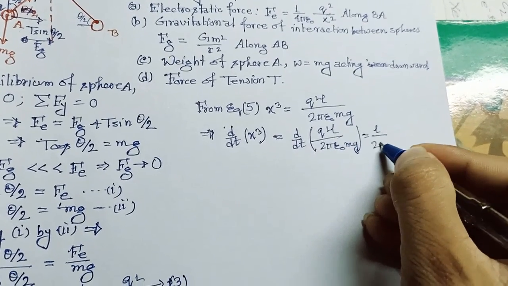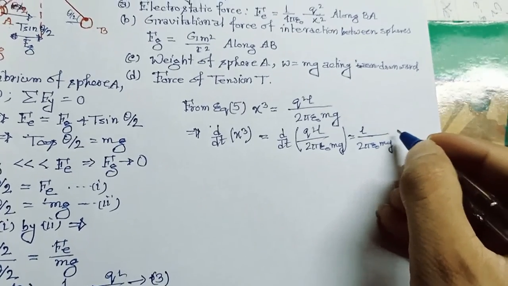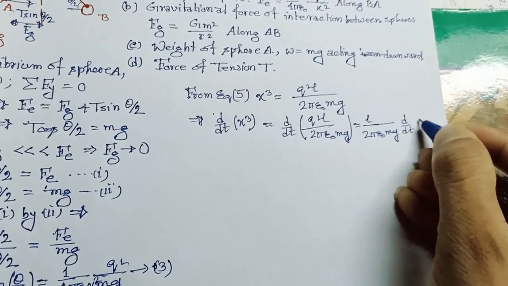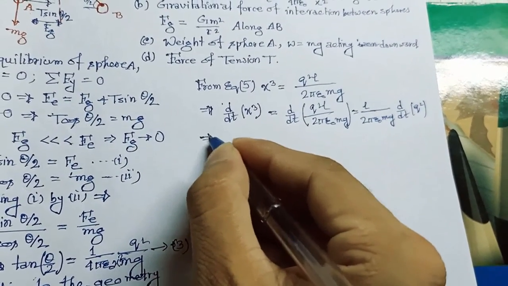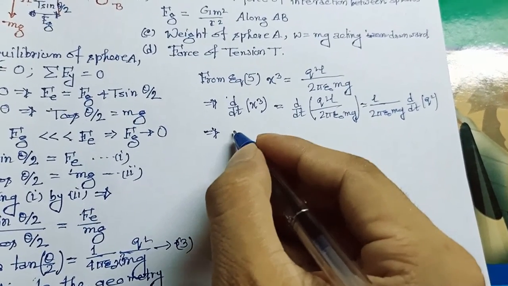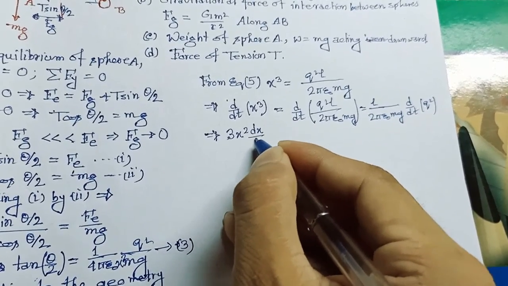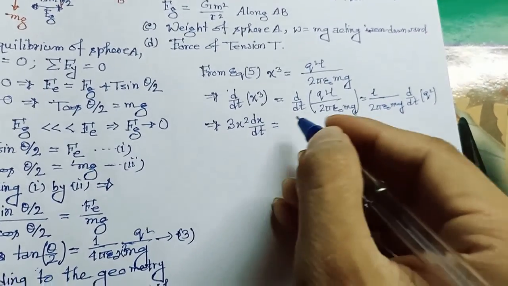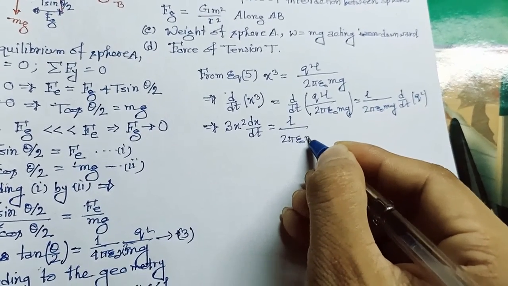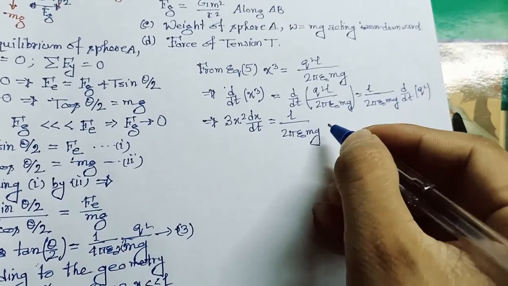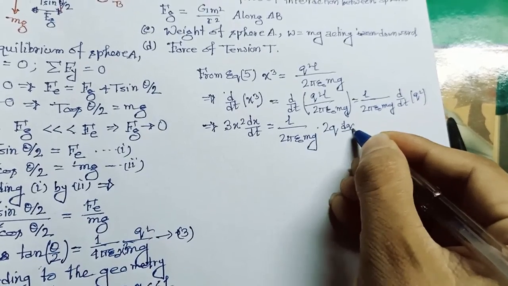and this will be again equal to l divided by 2 pi epsilon naught mg into d/dt of q square. So from this equation we can write the derivative of x cube will be 3x square dx with respect to dt, and that will be equal to l divided by 2 pi epsilon naught mg, and derivative of q square will be 2q into dq with respect to dt.